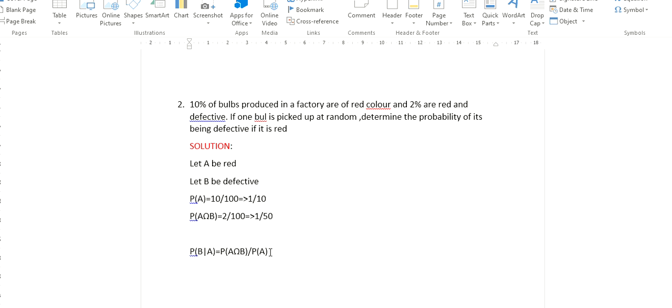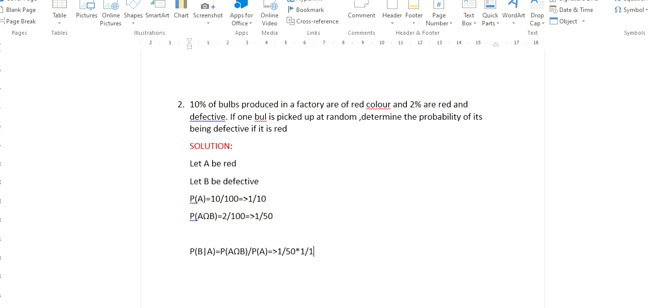So just you need to substitute here. What is A intersection B? That is 1 divided by 50, into what is the probability of A? 1 by 10.